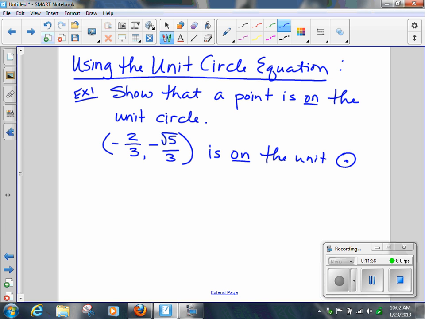We've got to prove that that ordered pair is part of the edge of the unit circle. Now, what's the only thing we have to use right now with our limited base of knowledge? x squared plus y squared equals 1, right? That's all we've got. Write it down.